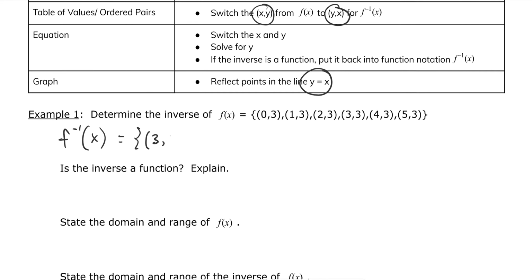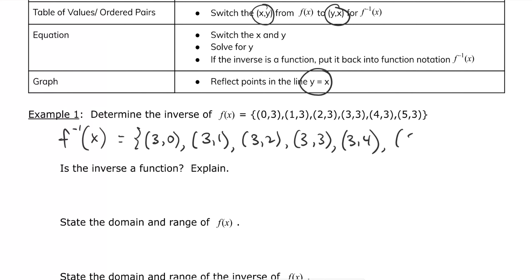So (0, 3) becomes (3, 0). Next we have (1, 3), then (2, 3). (3, 3) just stays as (3, 3). And then we have (4, 3), which becomes (3, 4), and then (5, 3), which becomes (3, 5). And there you go. There's my inverse function.